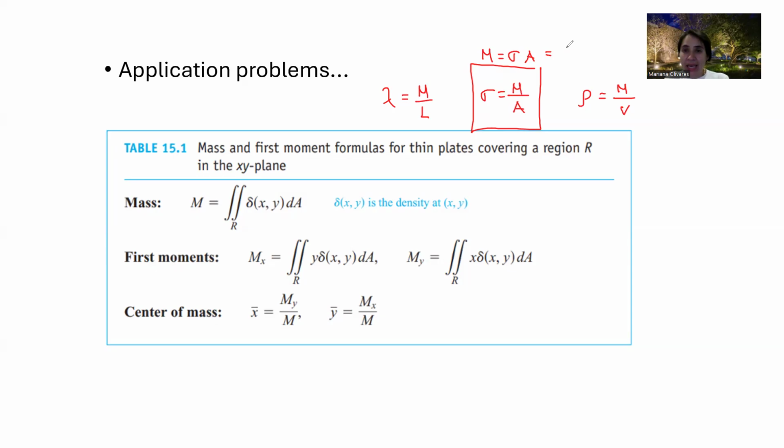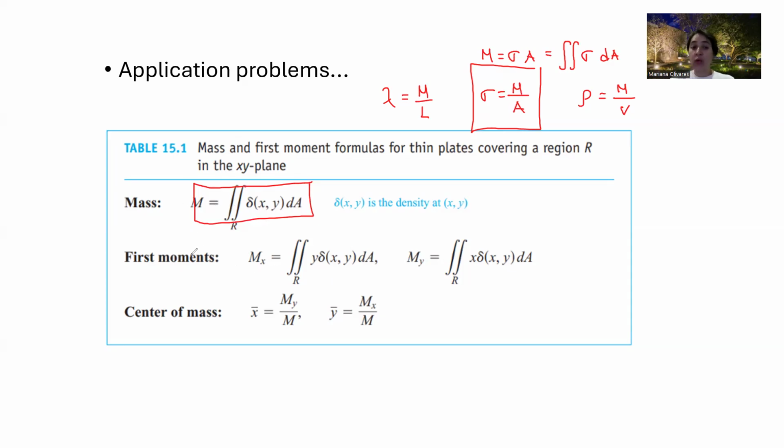What we can say is that the mass can be calculated as the double integral of this density times the differential of area. And this is what we have in this formula, okay? This is the way to calculate the mass.